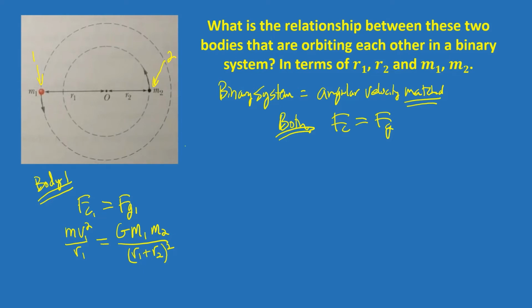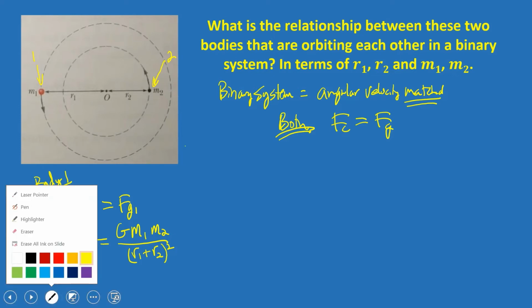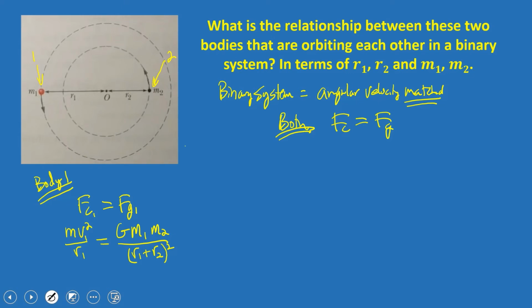Let's do some magic now. All right? So now we're going to go ahead and we're going to move on to body number 2. And we'll come back to this guy. So body 2 is similarly going to have the centripetal acceleration equal to the gravitational force between the two, which is, by the way, going to be the same. Okay, but our centripetal acceleration is going to be a tiny bit different here.